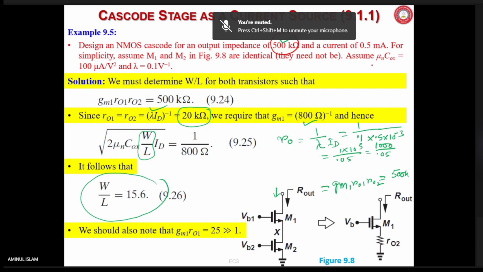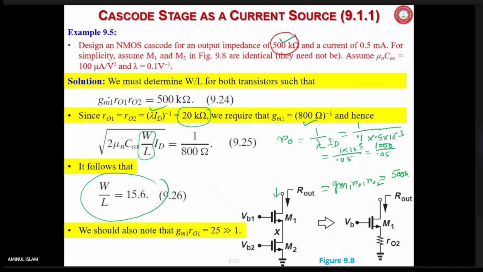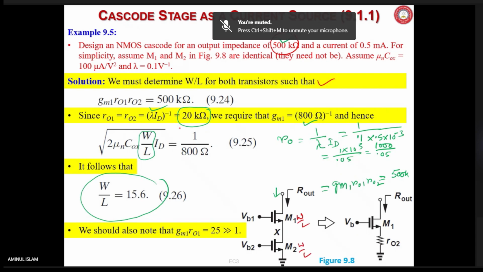Assume that mu n Cox equals 100 microampere per volt square and lambda not equal to 0, but it is 0.1 volt inverse. So we must determine W by L for both transistors, this one as well as this one.